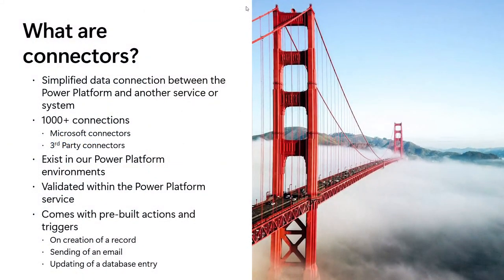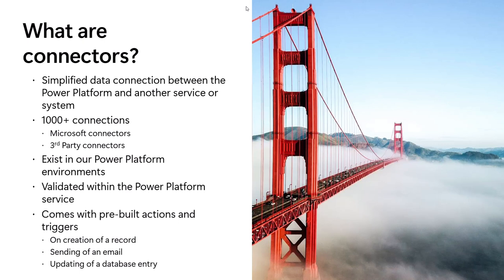So let's start with what are connectors. Connectors are a simplified data connection between the Power Platform and another service or system. Let's remind ourselves of why we're here. We're trying to use a product, Power Automate and indeed Power Apps, to enable us to be more efficient.